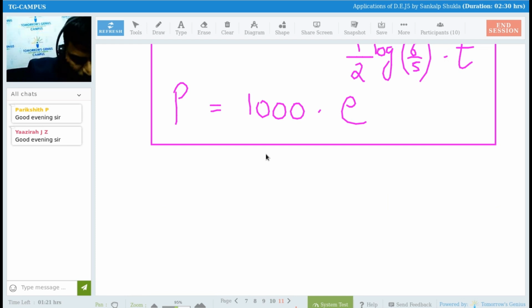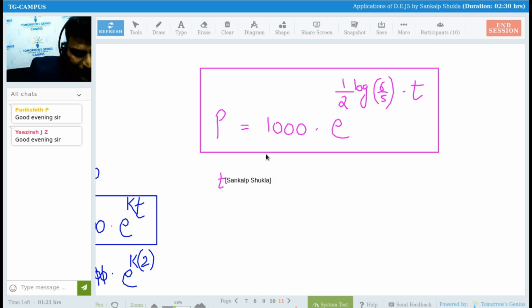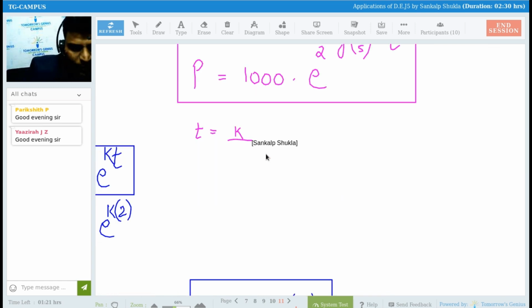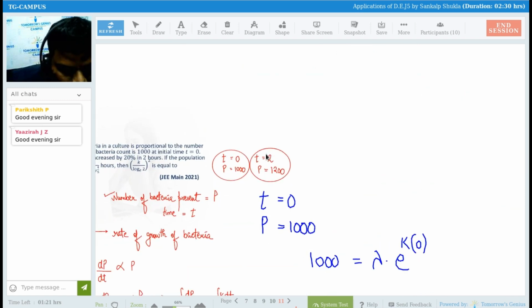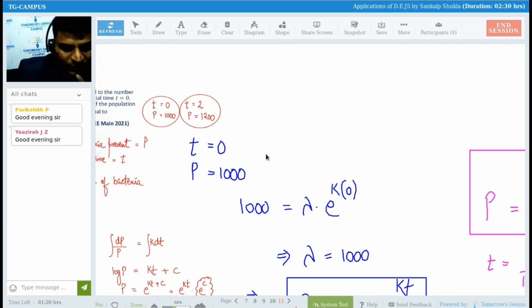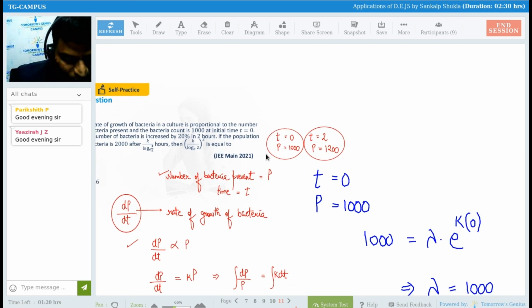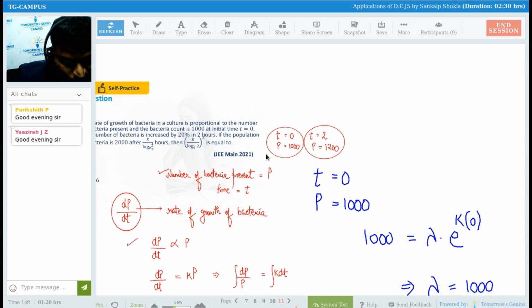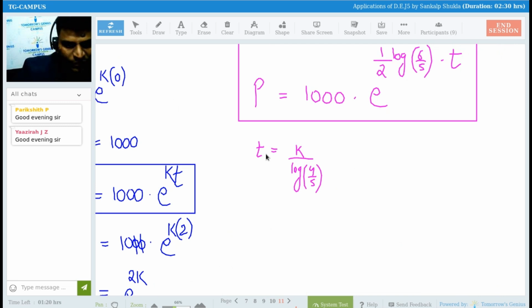So when t is k upon log 4 by 5, and it is saying that if the population of bacteria is 2000, okay, so P is 2000.